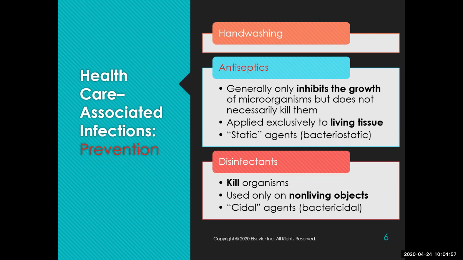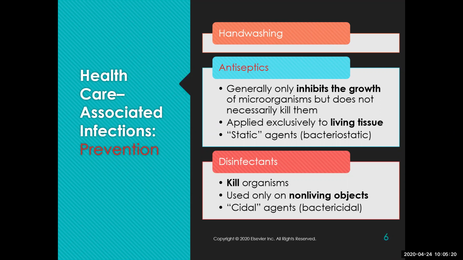And then we have antiseptics, and you need to know the difference between antiseptics and disinfectants. An antiseptic is something that will inhibit the growth of a microorganism, but it doesn't kill them. The organism is still there, but it's not going to be able to reproduce or grow. This is exclusively used on living tissue.